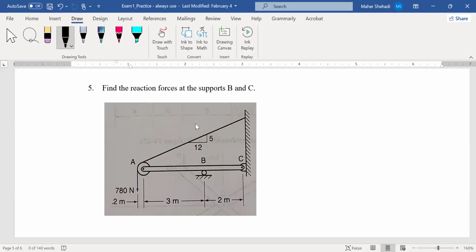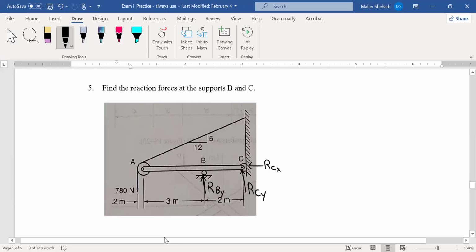So we need to find the reaction forces, one at C and two at point B. What we have is this member AC, and it's held by a pin support at C. So that's RC in the X, because that's a pin, and RC in the Y direction. It has to be vertical, not inclined. And then support B is a roller type, so that's RB. You can put Y or just RB.